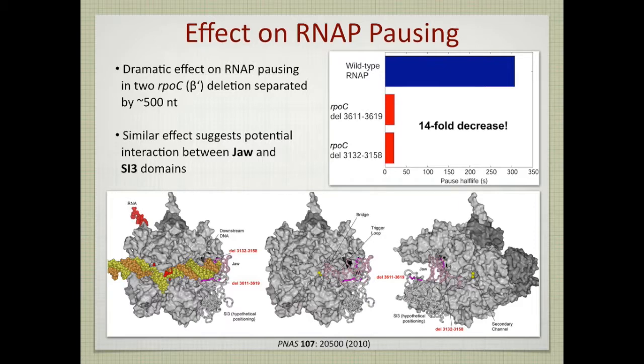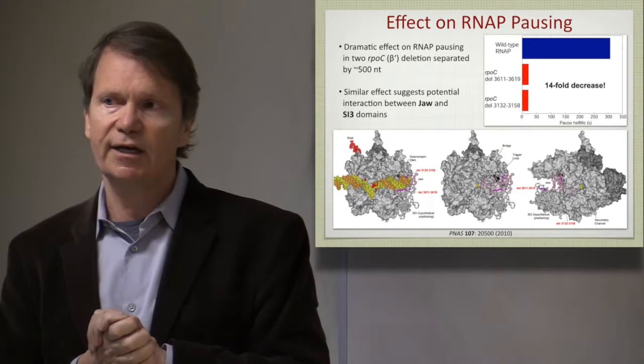And in the in vitro assay, you measure one substantial difference between the mutated form and the wild type form of the polymerase, and that is the half-life of the polymerase on the promoter, the so-called pause time, or the half-life of the time that the polymerase stays on the promoter before it starts transcribing. And there is like a 14-fold difference in that parameter.